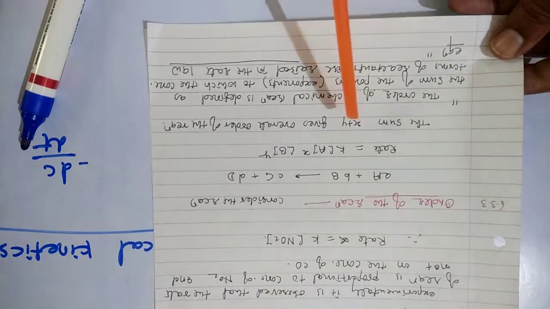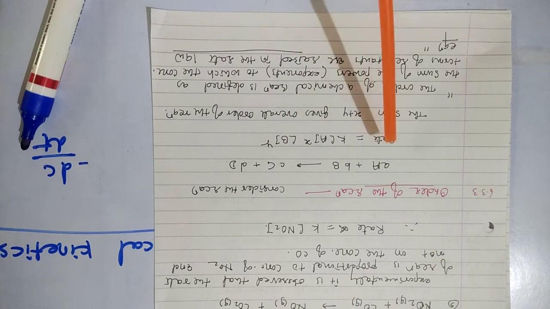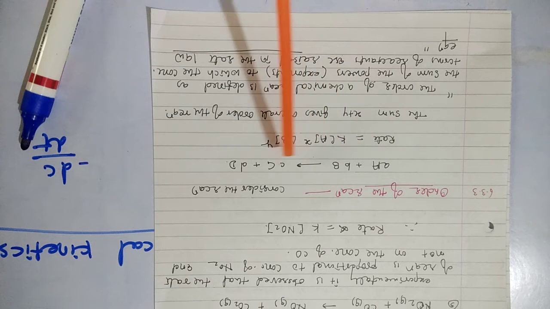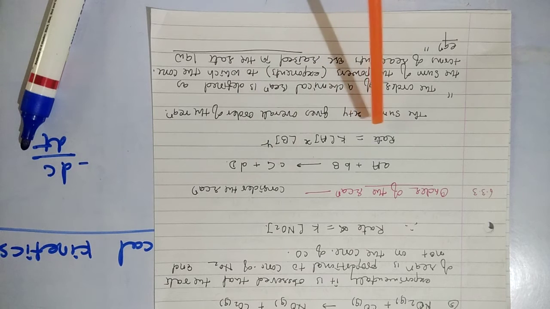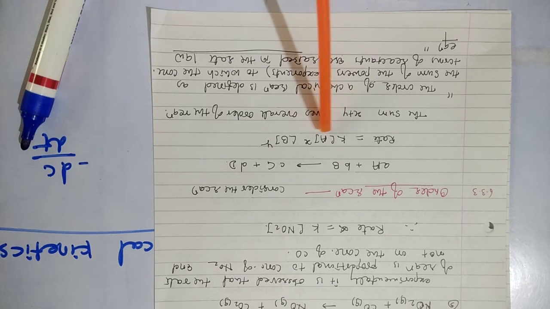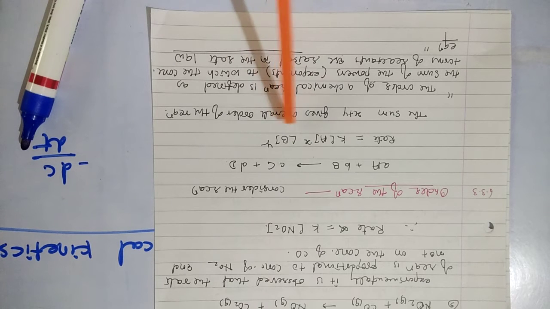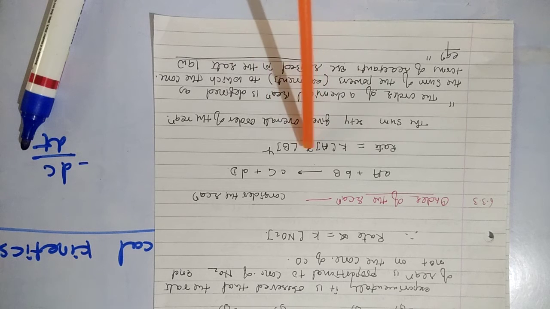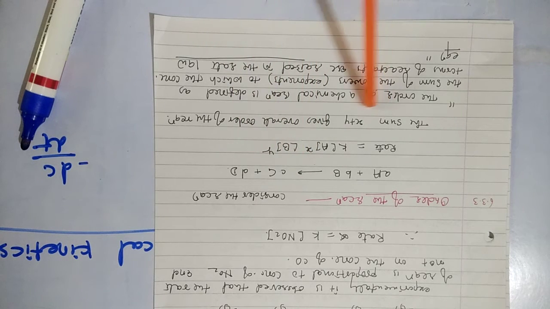It is clear. Now, order of a reaction. What is the order of a reaction? As usual, consider the general equation: aA plus bB gives cC plus dD, where a, b, c are the coefficients. The rate law is written as rate is equal to K into the concentration of A raised to X and B raised to Y. Here the sum of the powers, X plus Y, gives the overall order of the reaction.